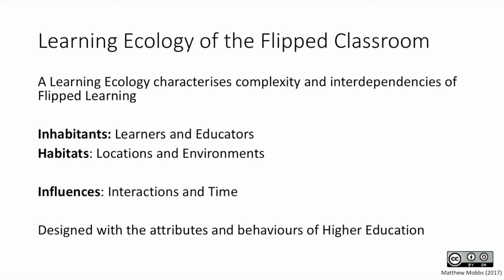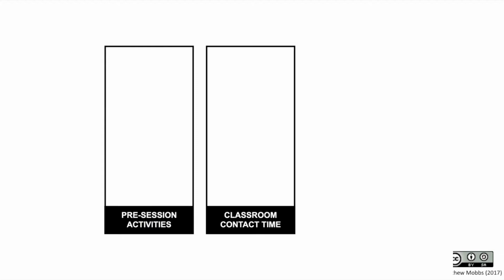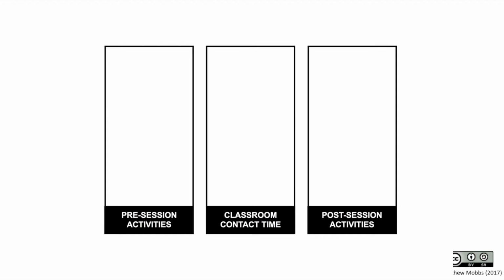Within the flipped learning approach, these interdependencies happen across three distinct phases: the pre-sessional activities, the classroom contact time, and the post-sessional activities. During the pre-sessional activities, the learners are exposed to new concepts to develop an understanding of their subject, and also preparing for the in-class contact time.